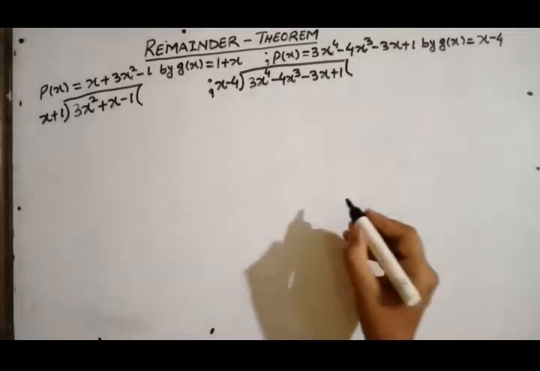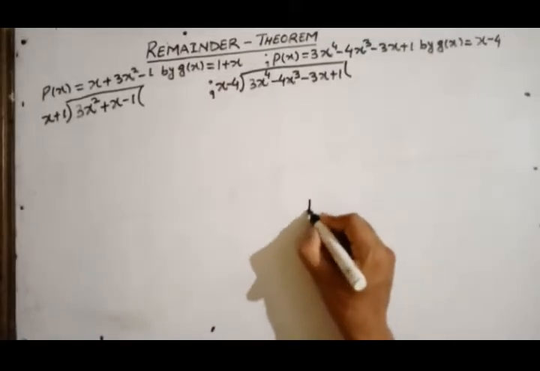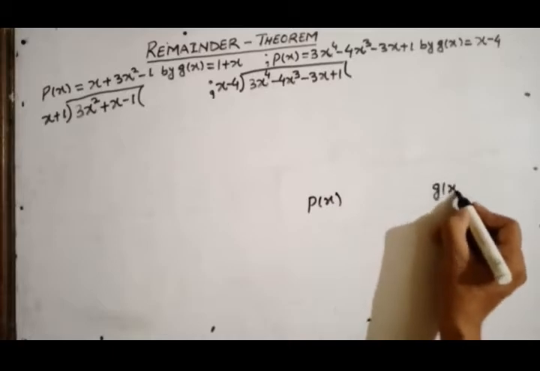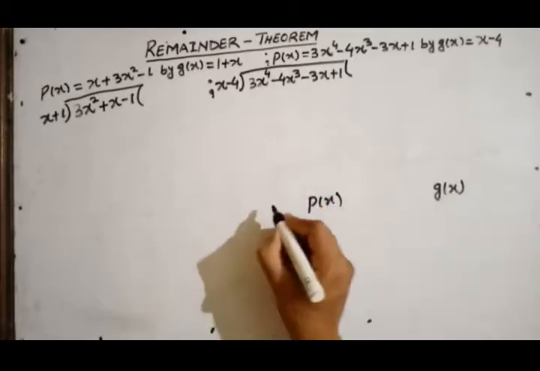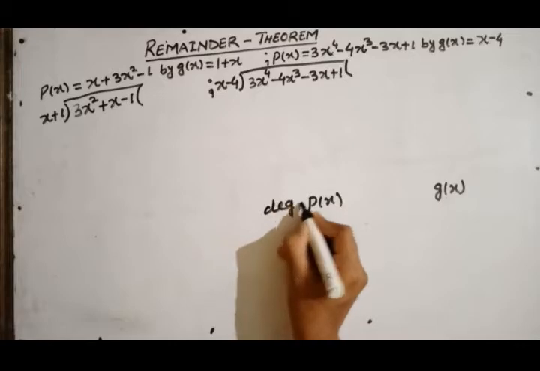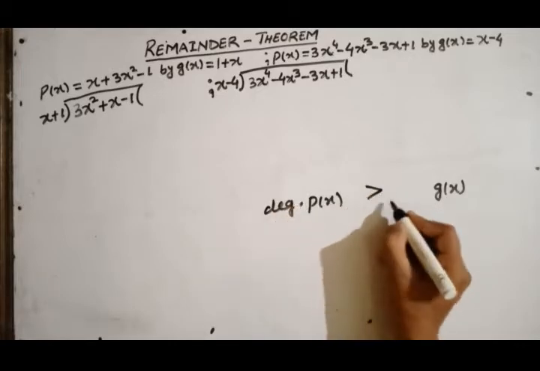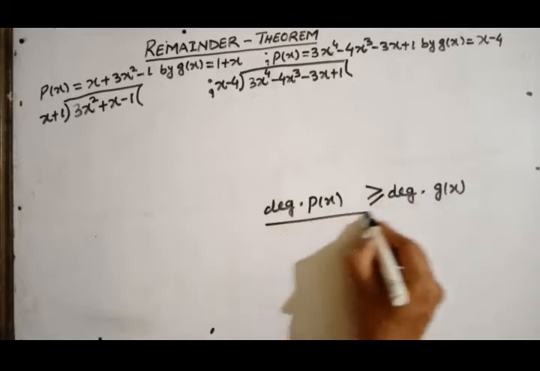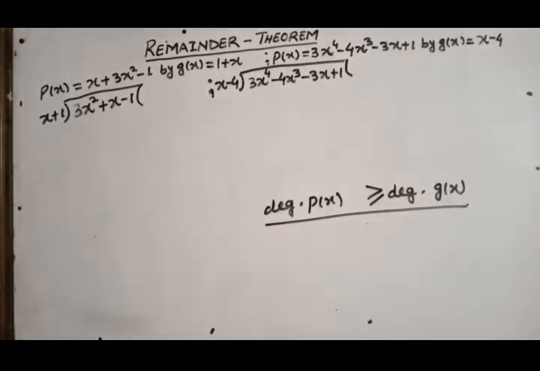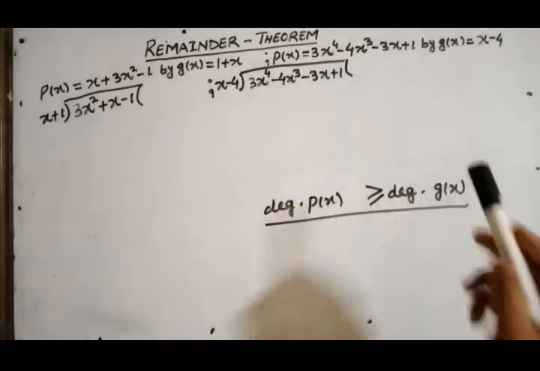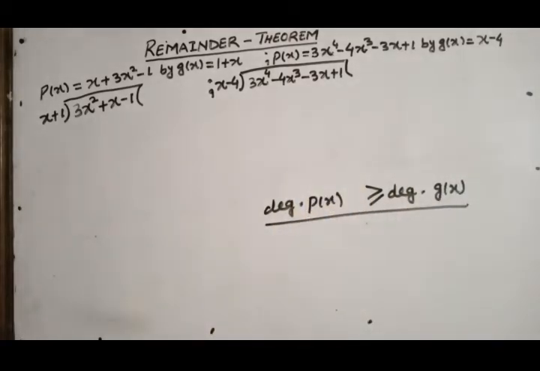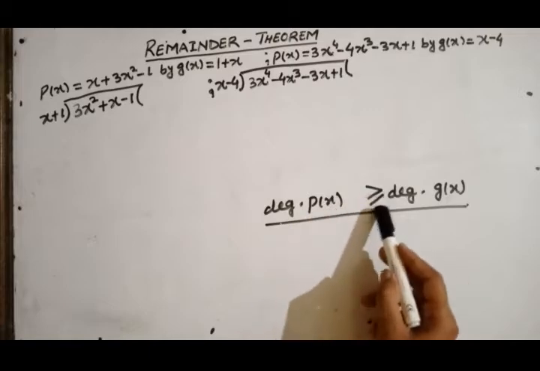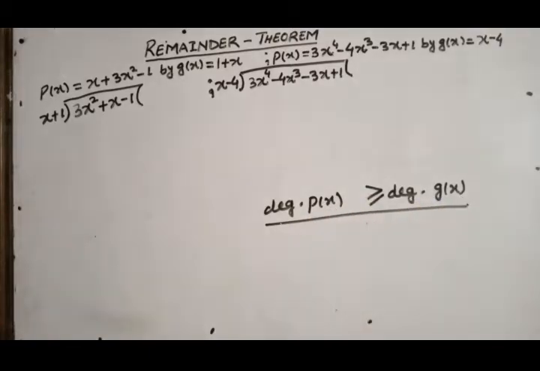So remember that division of a given polynomial p(x) by another polynomial g(x) is possible only if the degree of p(x) is either more than or equal to the degree of g(x).